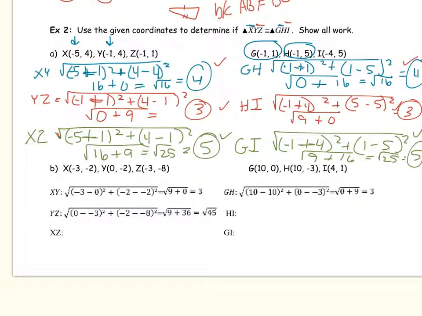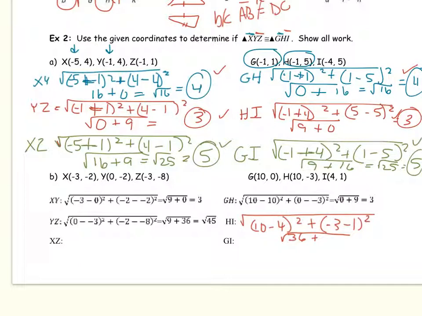For B, I shortened it up a little bit for you so we could save some time here. So I put part of the formula in there for you. So I'm looking at HI, so I have 10 minus 4 and -3 minus 1. So 10 minus 4 is 6. 6 squared is 36, plus -3 minus 1, which equals -4. -4 squared is 16.